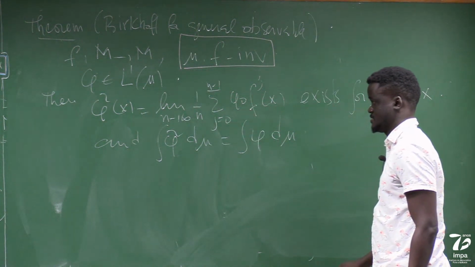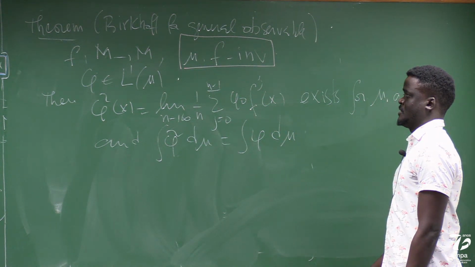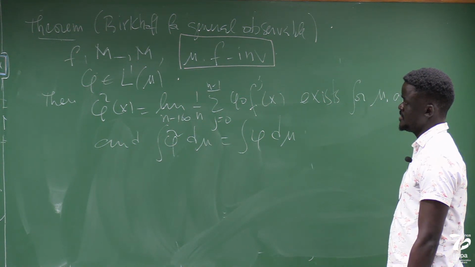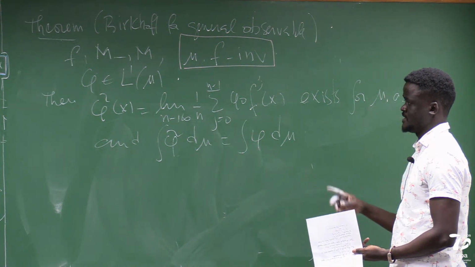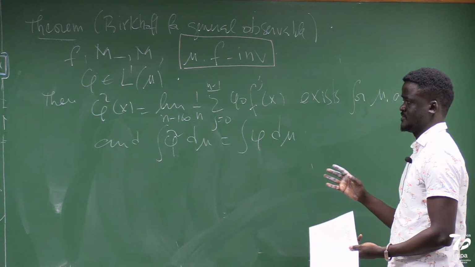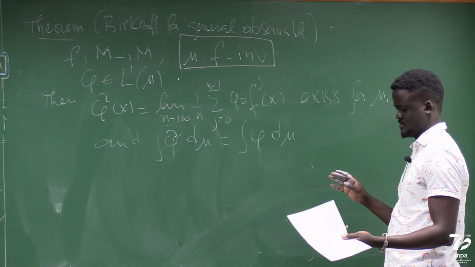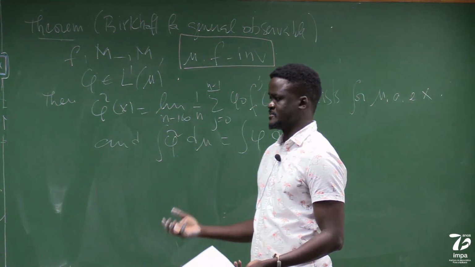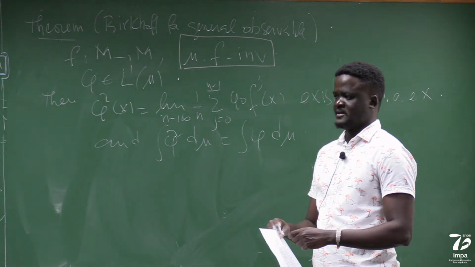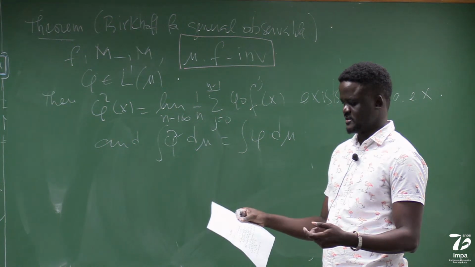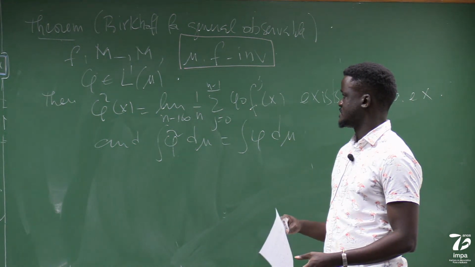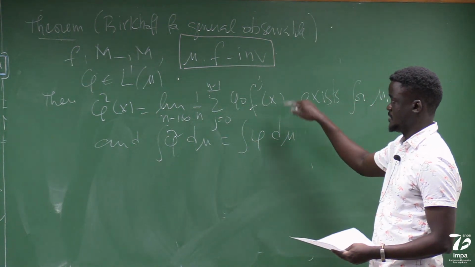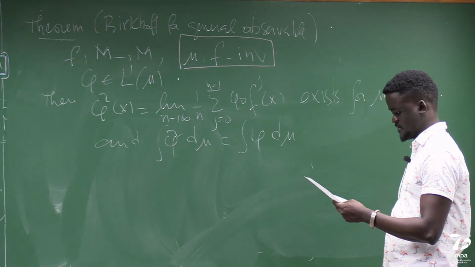It is very much used in dynamics because, for instance, in the next lecture we will see how to define the Lyapunov exponents using this theorem. The Lyapunov exponent is a quantity that measures, if you want, the chaoticity of the system, or the hyperbolicity of the system.